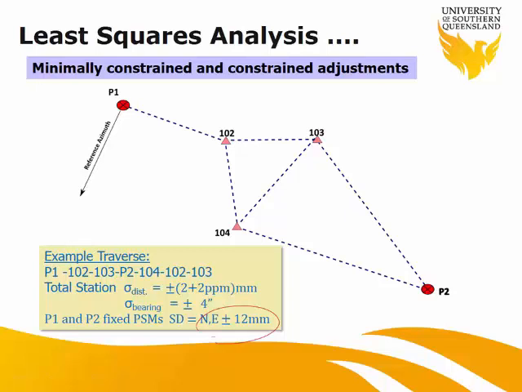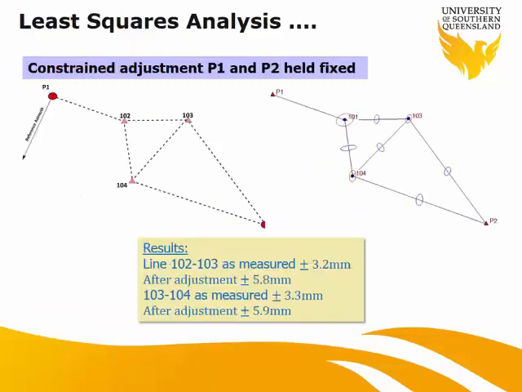So the key is that the adjustment has stretched the line beyond the expected precision. What does it mean? It means the precision of the PSMs is not significantly better than the traverse.